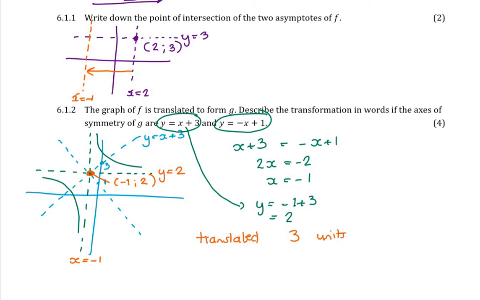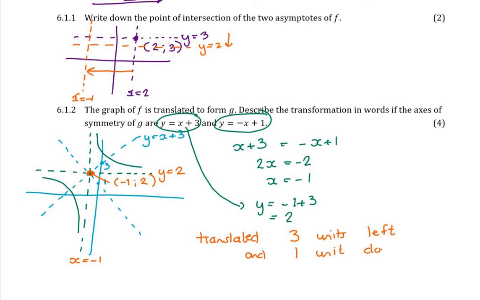So by finding out where the new asymptotes are, I have no idea what this graph looks like, but it doesn't matter. If I can see what happened to the asymptotes, I know what happened to the entire graph. Also, the horizontal asymptote moved down till y is equal to 2, and so clearly it translated 3 units left and 1 unit down.